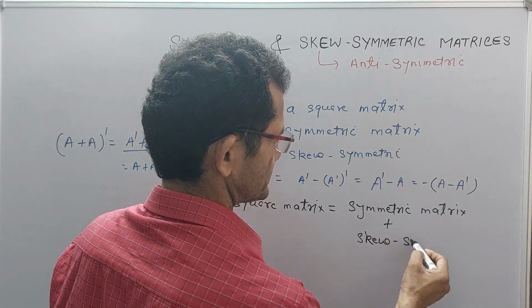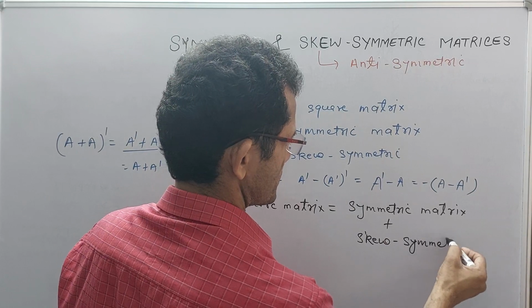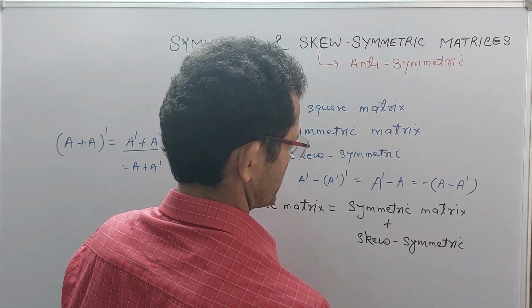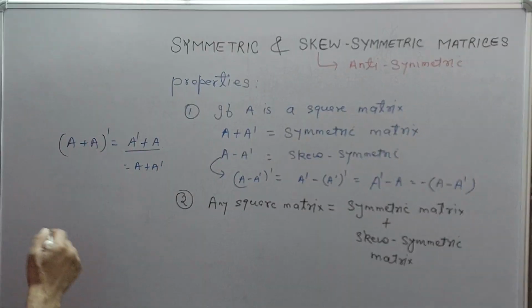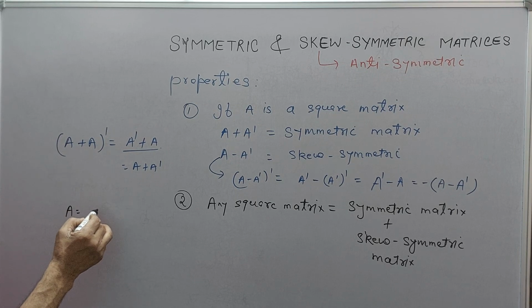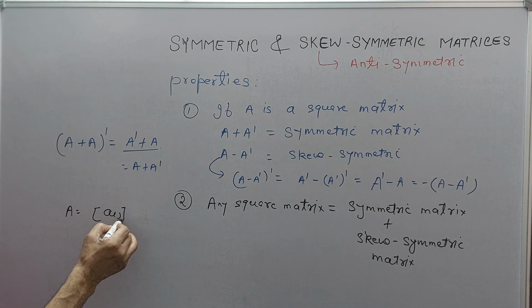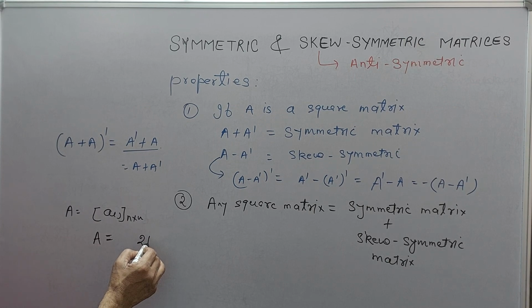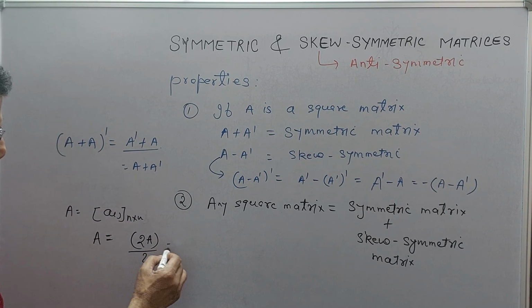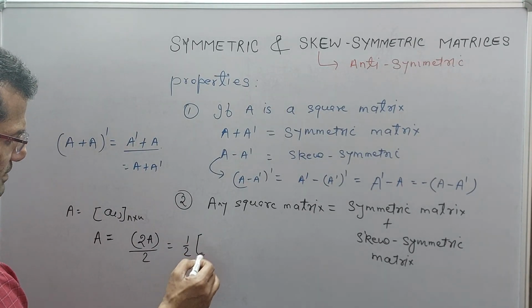Suppose we take an example A. Aij is a square matrix of order n cross n, known as a square matrix. So we can write this as A. If I write twice A and divide twice A by 2, so now half, write half like this.